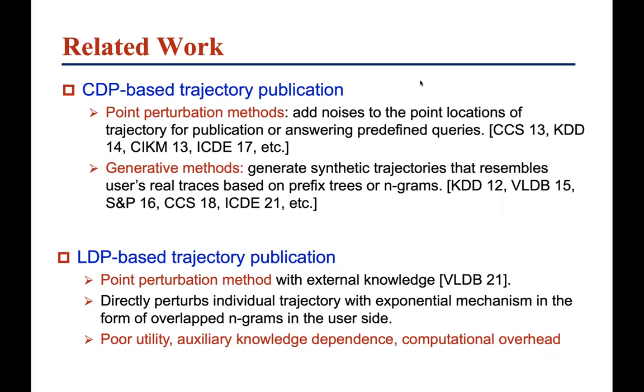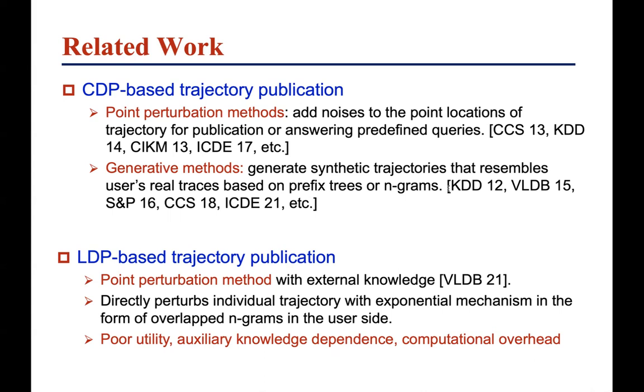The second is generative-based methods, which collect important features and add noise to them, then use the perturbed features to generate synthetic trajectories. However, in local settings, since we can only access users' local trajectories, it is much harder to preserve data utility for publication.